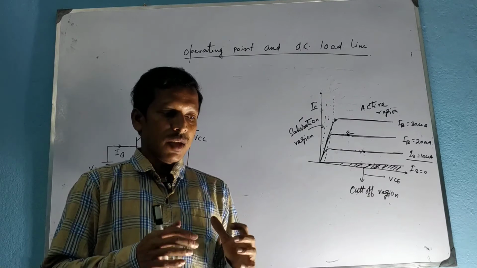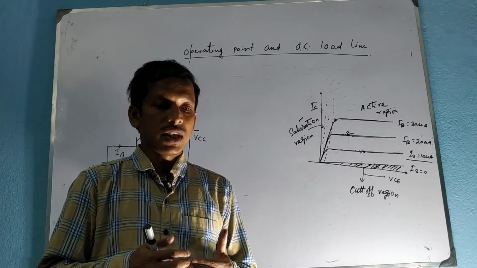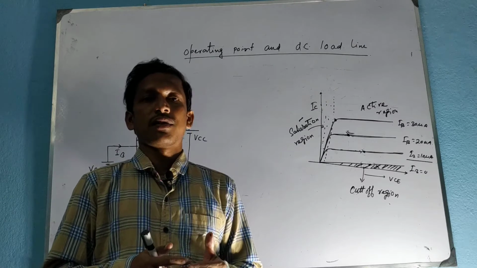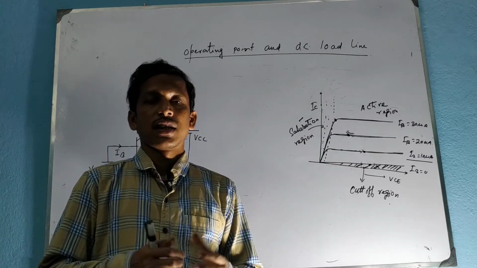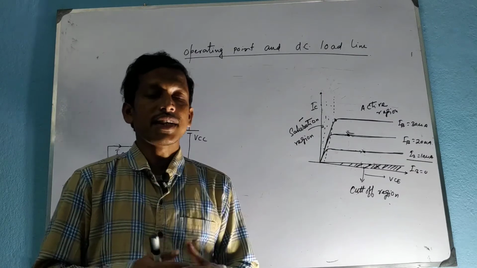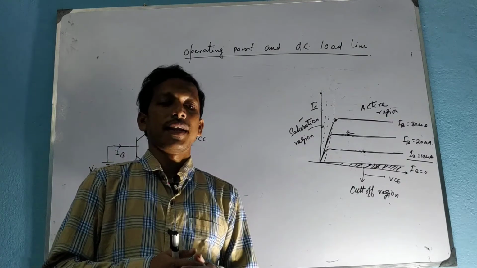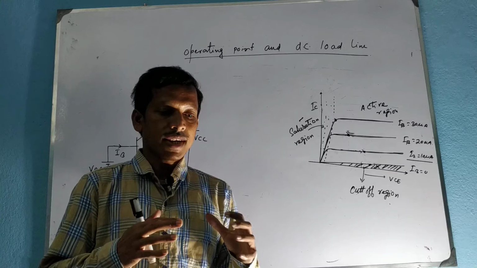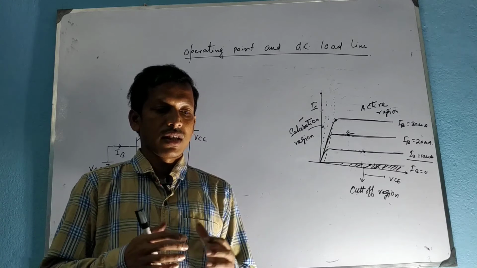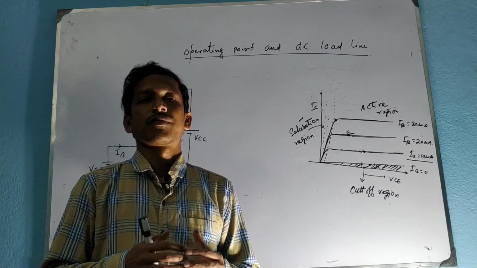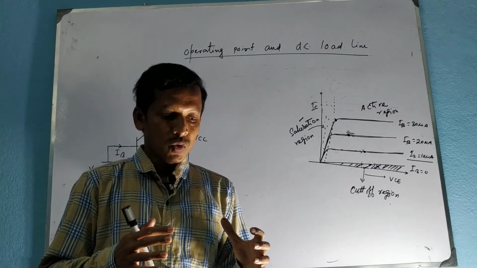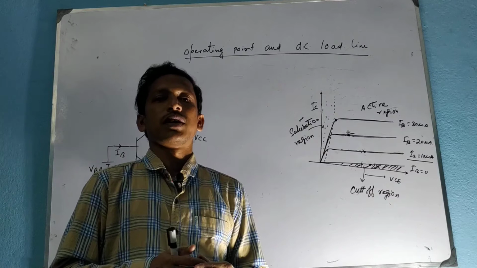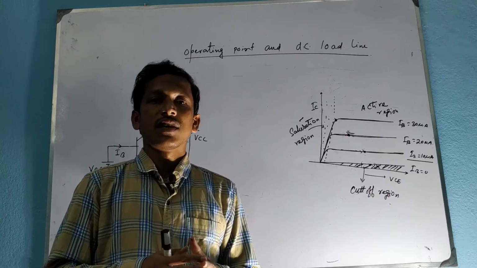Okay, if we superimpose the DC load line of the transistor circuit on the static output characteristic, the intersecting point of the DC load line and the static output characteristic gives the operating point.